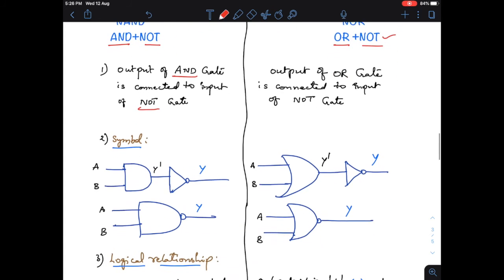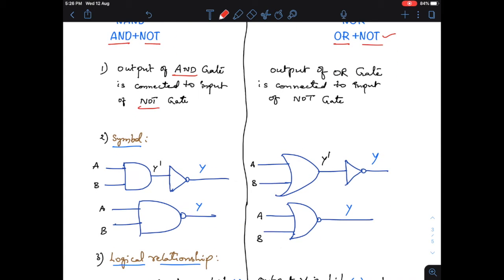Now, let us see that in this symbol. We know that this is the AND gate. Y dash is the output of this AND gate with inputs A and B. This Y dash, the output of the AND gate, is given as input to the NOT gate.